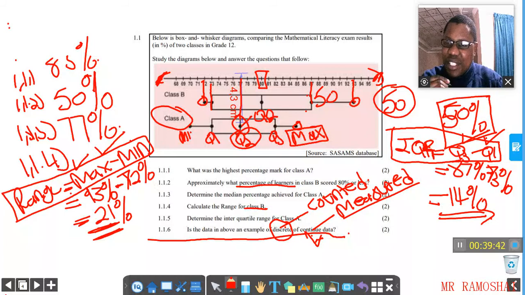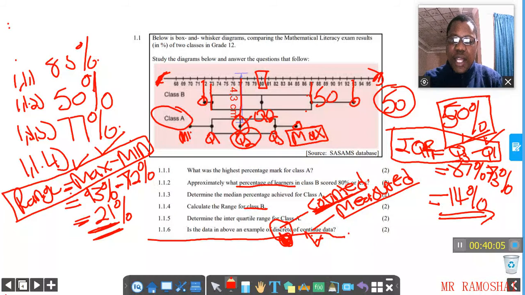My teacher will be counting my ticks. So the moment the data is counted, we know that they are talking about discrete data. Then you are done. That is the difference between the two.